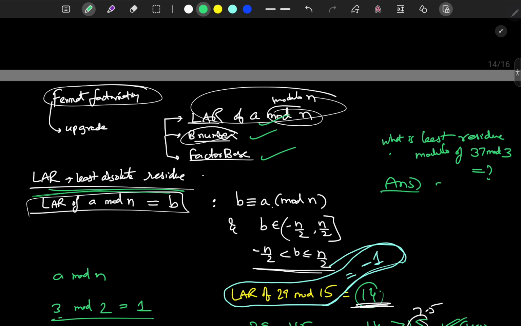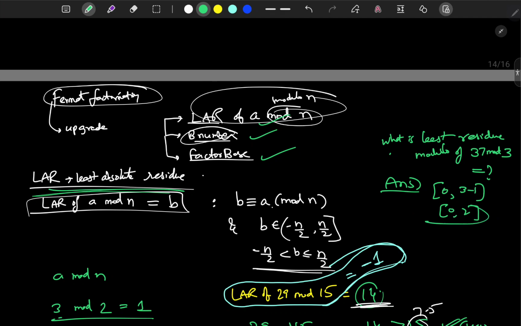Your answer is whatever you calculate in the normal way. That means the answer should always be in 0 to 3 minus 1, that is 0 to 2. In this interval your answer should be there.